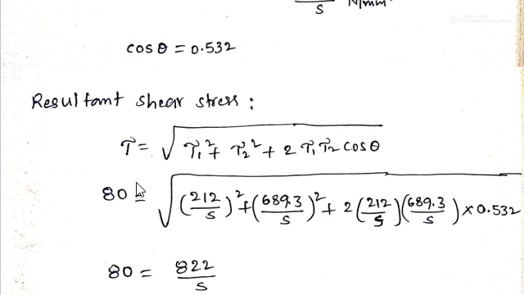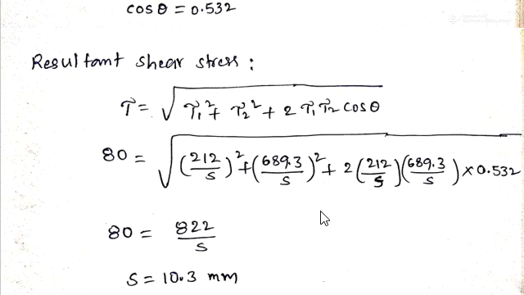So we can write the resultant equation as under root of tau 1 square plus tau 2 square plus 2 tau 1 tau 2 cos theta. When P and Q are the adjacent sides, the formula is P square plus Q square plus 2PQ cos theta. The same we have written with tau 1 and tau 2. Tau 1 we got 212 by S, and this is 689.3 by S, and 2 times tau 1 and tau 2 substituted, and cos theta 0.532 substituted.